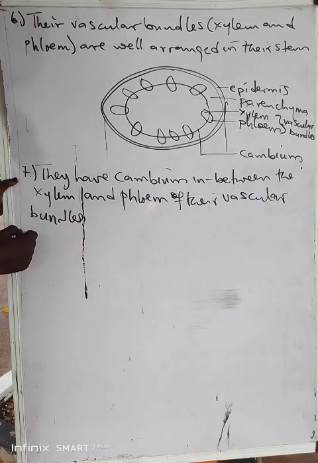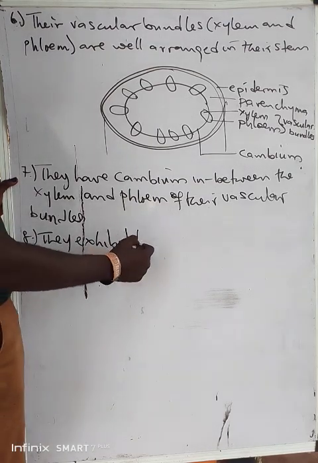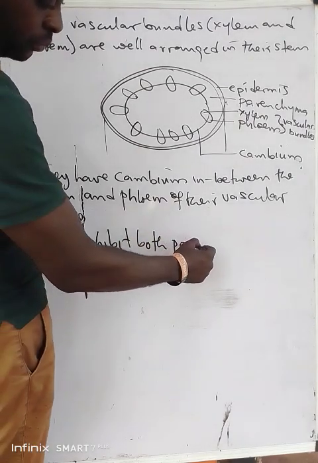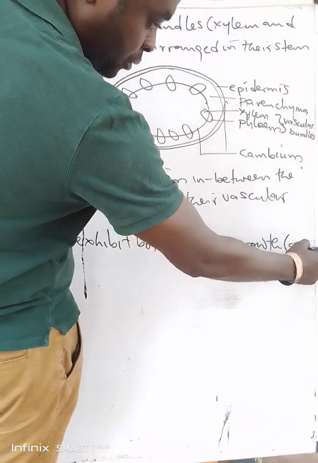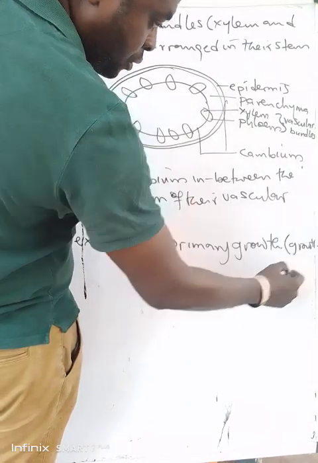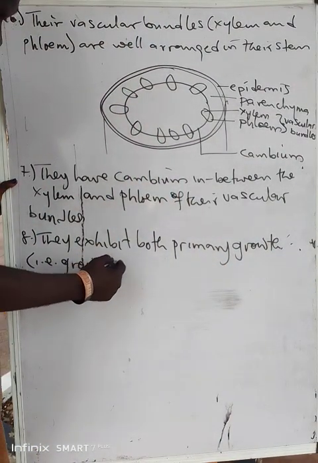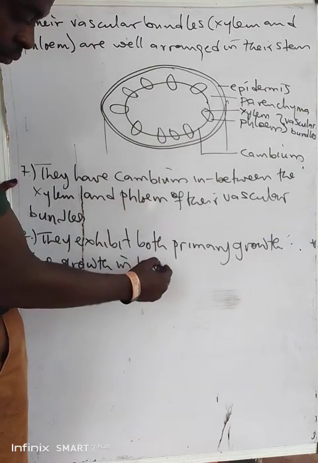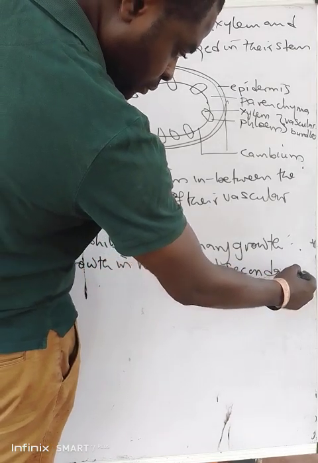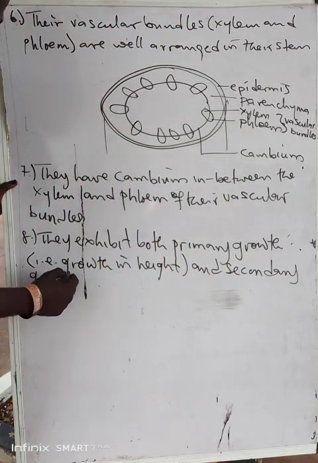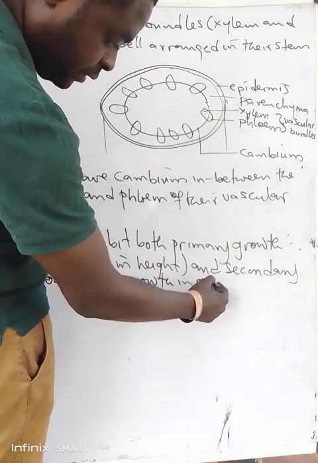And because of this, they exhibit both primary growth, which is growth in height, and secondary growth, that is growth in diameter.